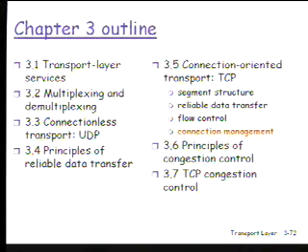When is congestion control needed? Never, yeah. So congestion control is when the network cannot handle the rate at which the sender is sending data. So now that's doing a speed matching between the sender and the network.